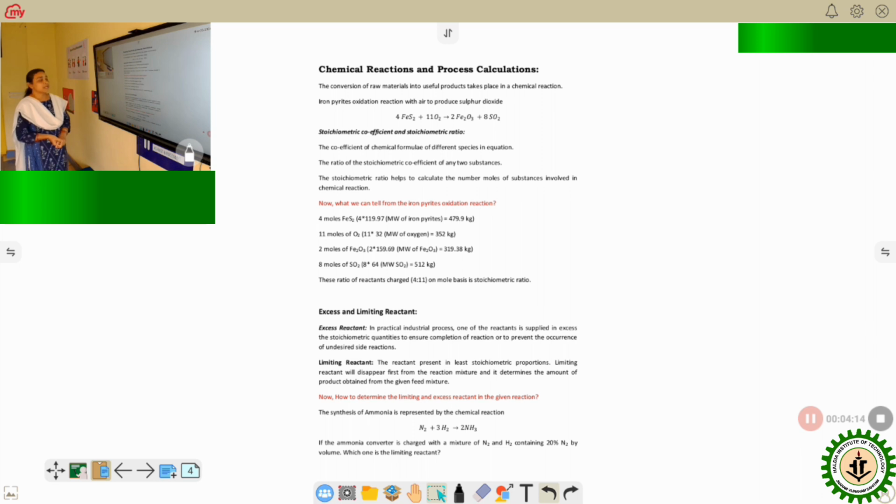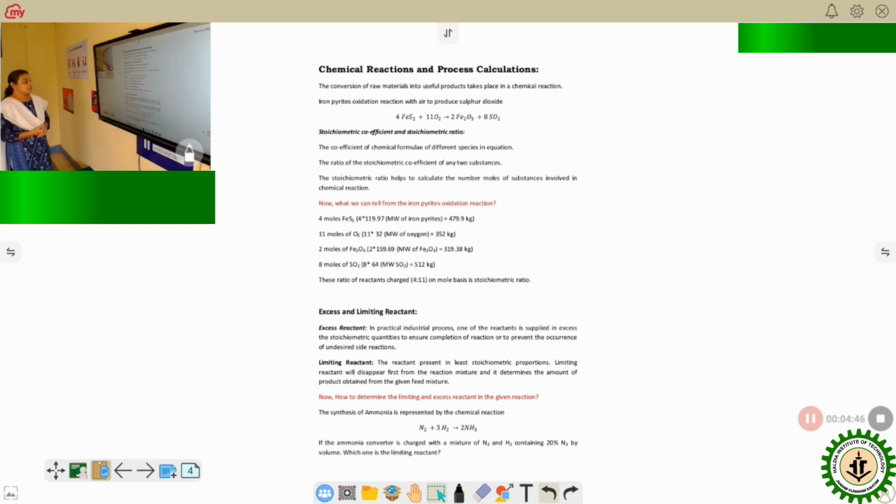Now come to the excess and limiting reactant. Excess reactant arises in practical industrial processes, where one of the reactants is supplied in excess of the stoichiometric requirement to ensure the completion of the reaction, or to prevent the occurrence of undesired side reactions.